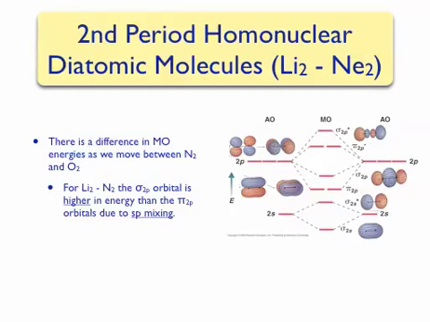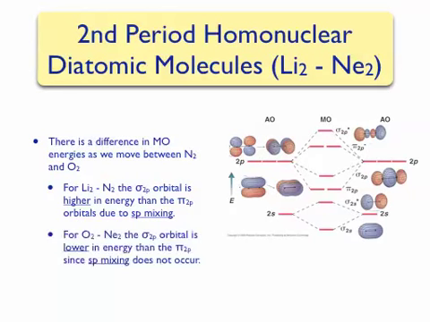The result is that the sigma 2p orbital becomes destabilized and goes up in energy, higher in energy than the pi 2p orbitals. This doesn't occur for oxygen through neon because the 2s and 2p orbitals are further apart in energy. This allows for the sigma 2p orbital to be lower in energy than the pi 2p orbital.